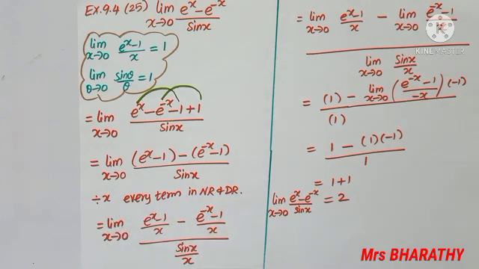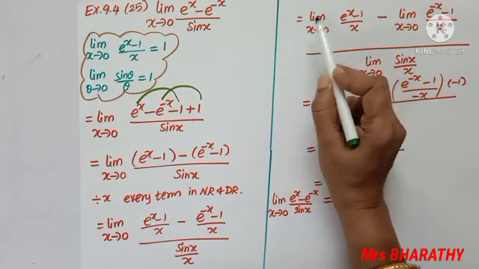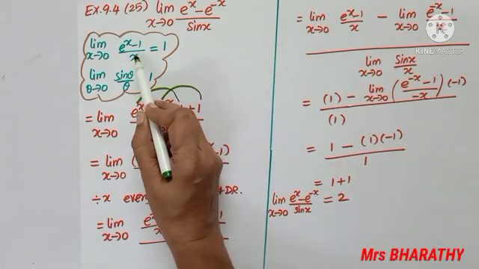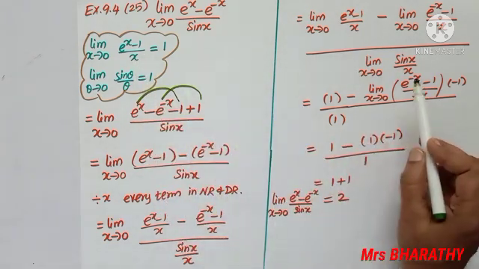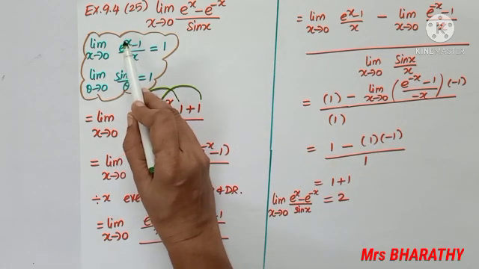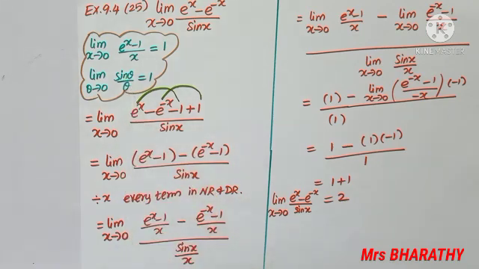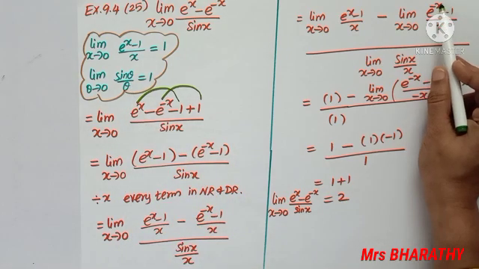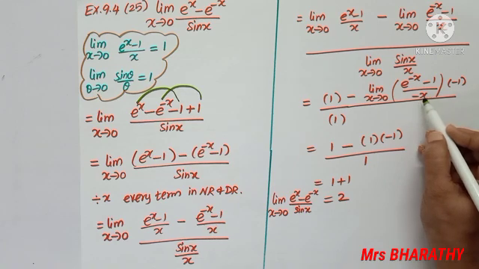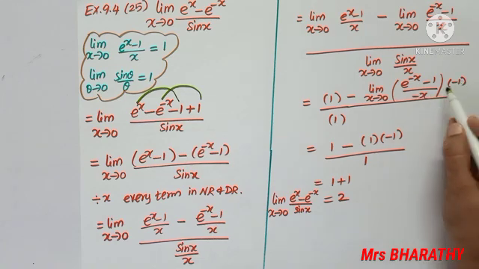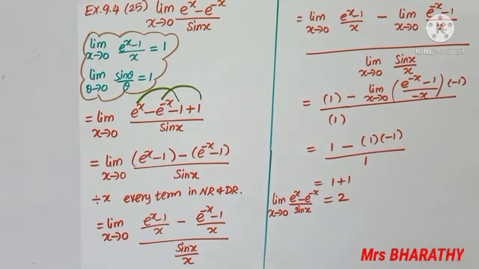We know this formula fully. I can exactly compare, which becomes 1. To apply the same formula here, e power what should come in the denominator? E power minus x is coming. So I want minus x in the denominator. So let me multiply and divide by minus symbol.